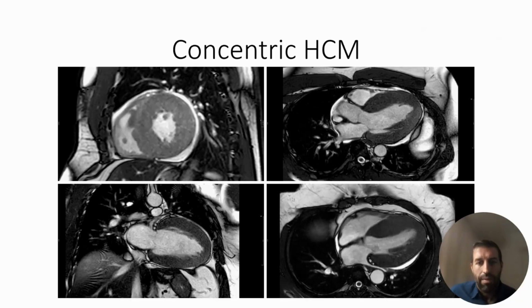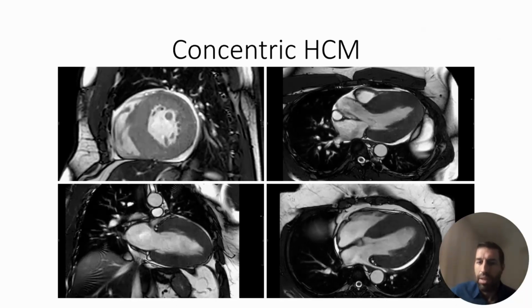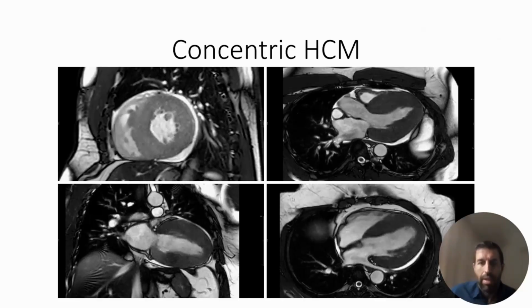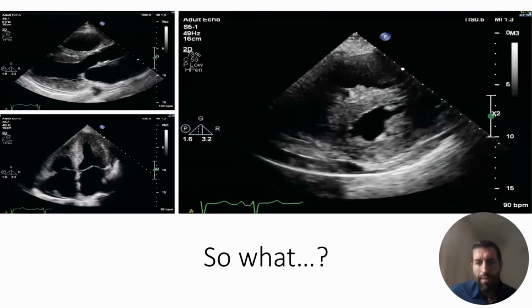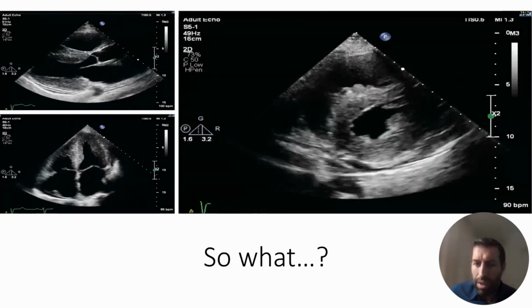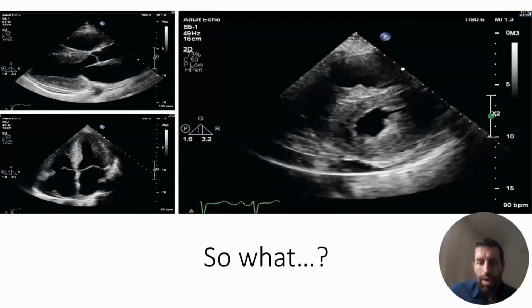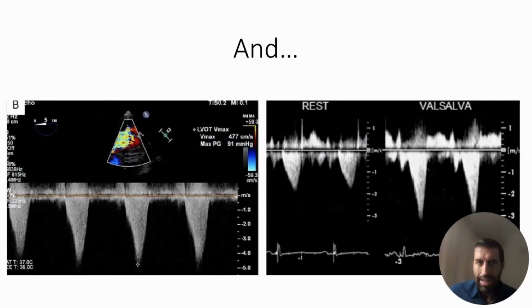Here we have very nice images of a concentric hypertrophic cardiomyopathy. So what? Similar images we can have with echocardiography. Why do we need to do a CMR? With echocardiography, we can have accurate determination of pressure gradients generated from outflow tract obstruction at rest and dynamic.